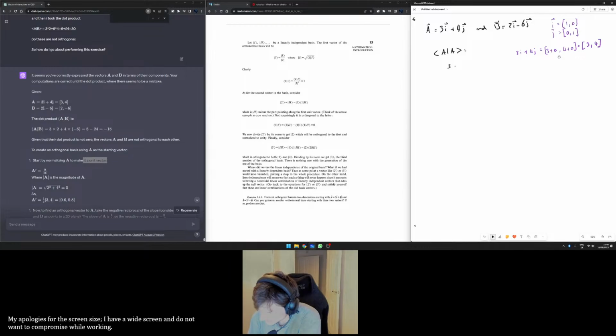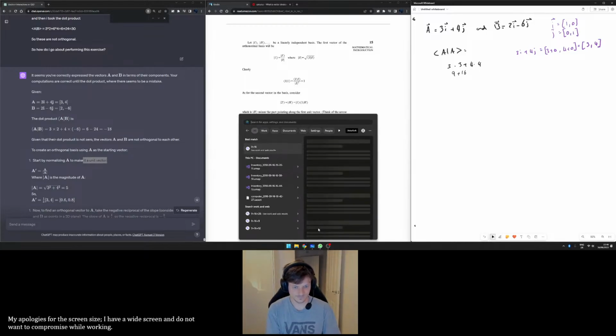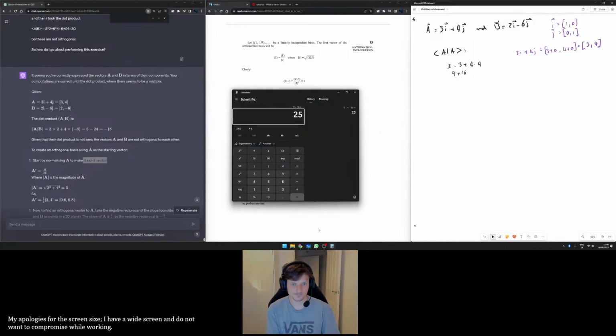Just need to zoom out a little bit. 3 times 3 plus 4 times 4, which is 9 plus 16. 9 plus 16 is 25.